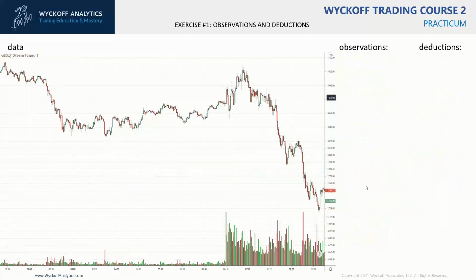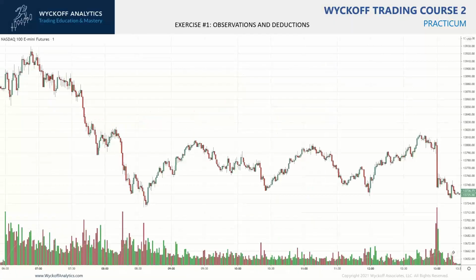So let's see. All right, Big Note is saying we need to identify if this is a reaccumulation or a distribution. Well, until the trading range develops, as it develops, we could definitely do that.